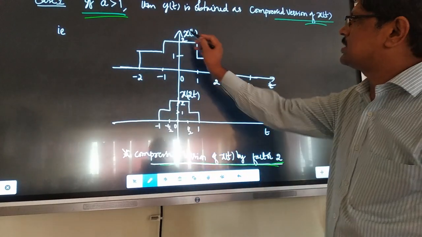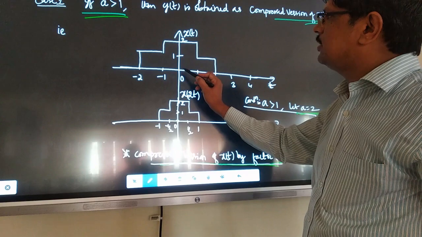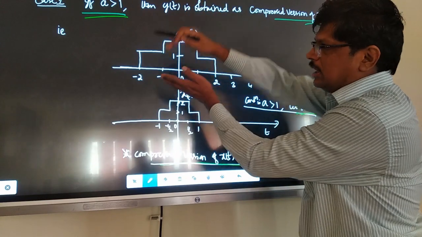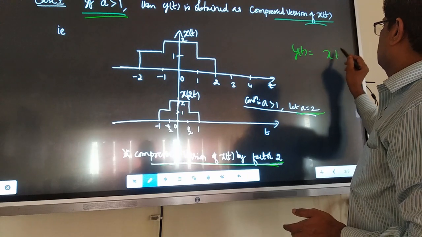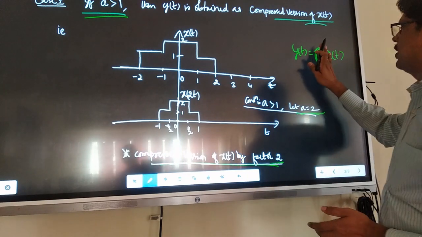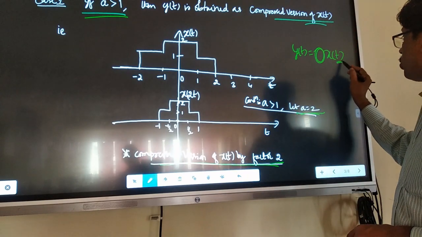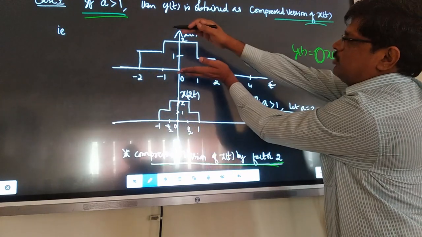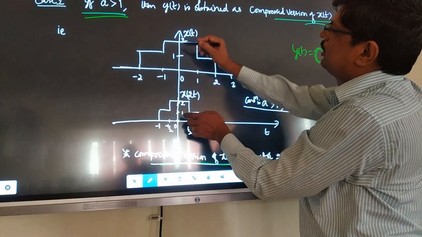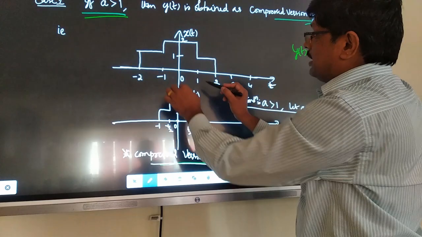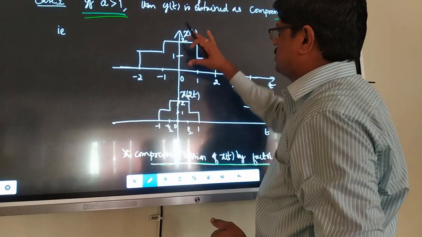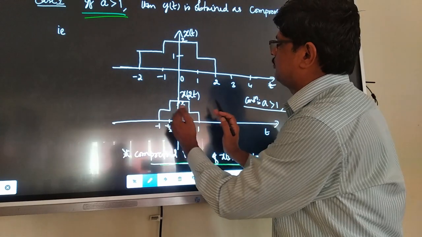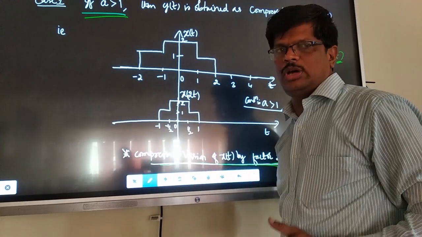Now see, this is x of t. Amplitude I am not discussing; amplitude of y of t is the same as x of t. The dependent variable we already checked. We are talking only about the time axis. Amplitude must be the same, for example 2 here also, 1 here also. Whereas the time axis is compressed by 2. For example, 0 to 1 has value 2; here 0 to half is compressed with amplitude 2.